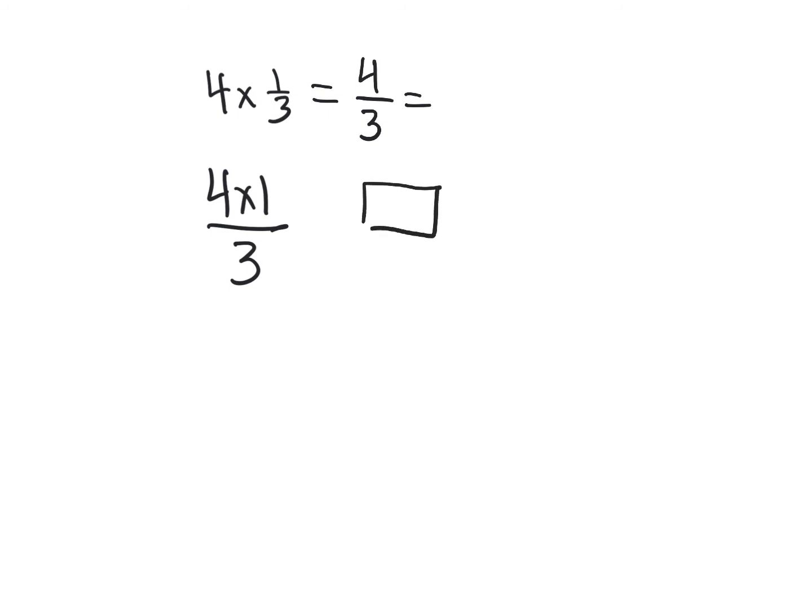I'm going to draw it out just in case. We'll do 1/3. There's 2 sets of 1/3, 3 sets of 1/3, 4 sets of 1/3, and we have 1 and 1/3. So that is our answer to 4 times 1/3.